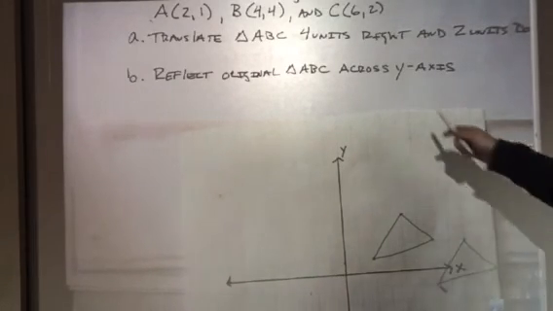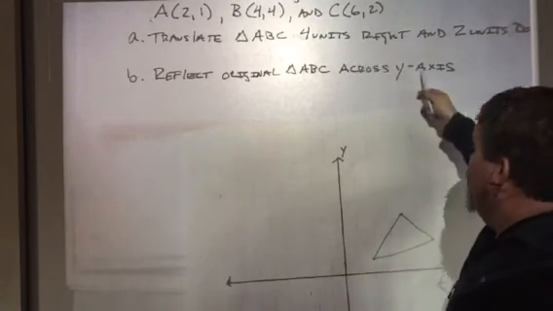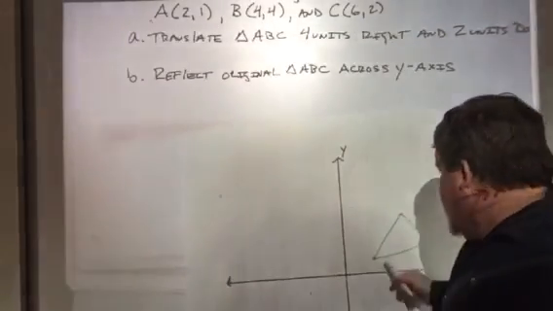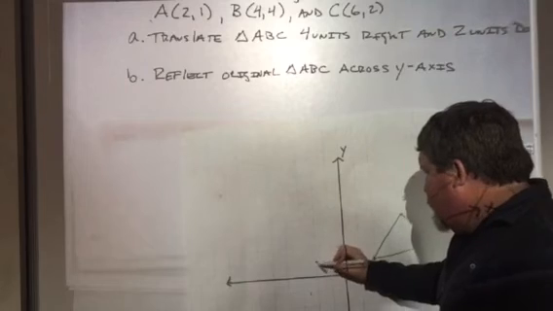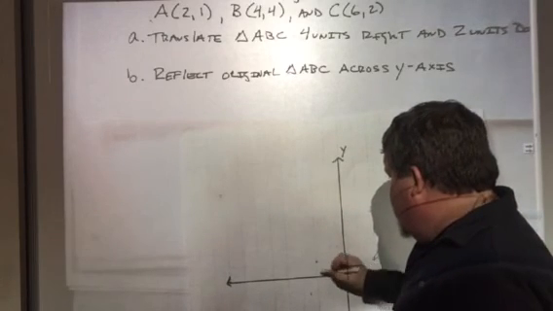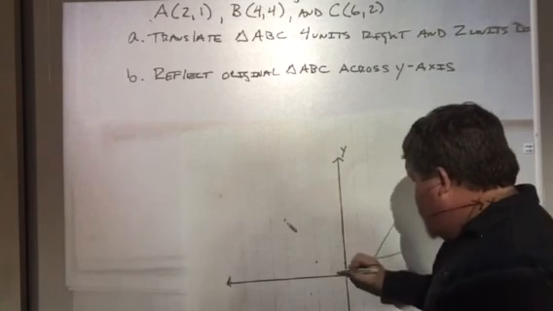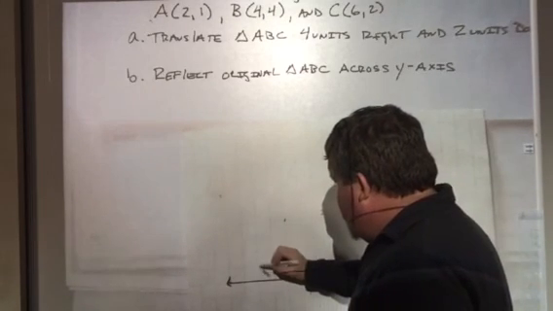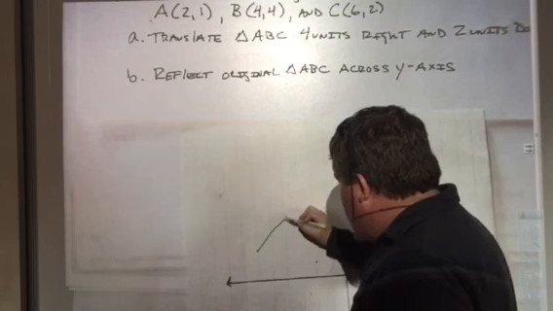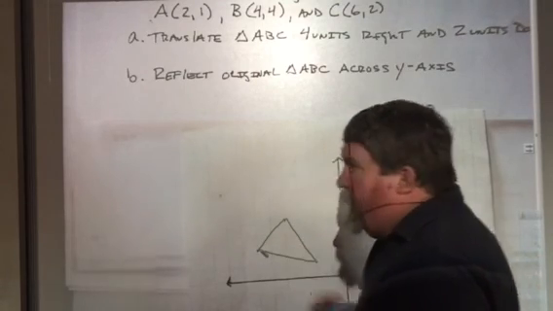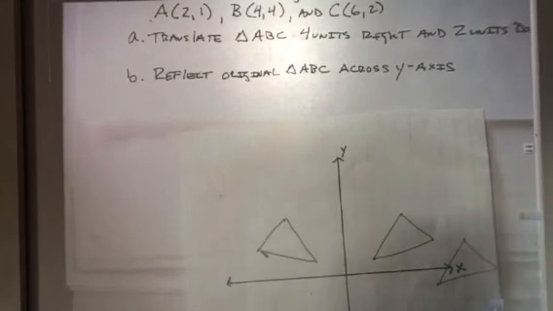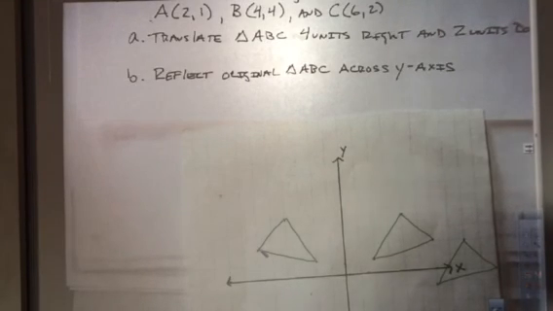Then it says reflect the original over the y-axis, so we're flipping it this way. Remember, these have to stay an equal distance. We'll get that. You can graph those, or you can just tell me the points there.